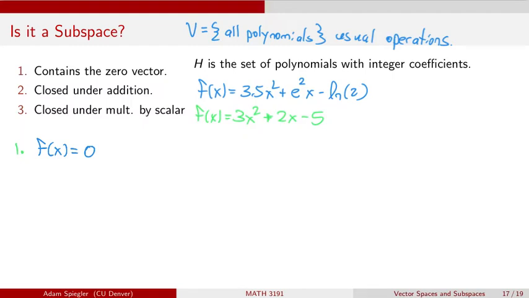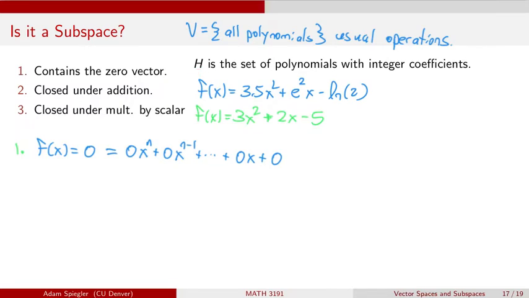And this we could write as 0 times x to the n plus 0 times x to the n minus 1, 0x plus 0. So this is a polynomial where all of the coefficients are 0, and 0 is an integer, so this polynomial has all integer coefficients. So the 0 vector, which is kind of like the 0 function, is indeed included in our subset H.